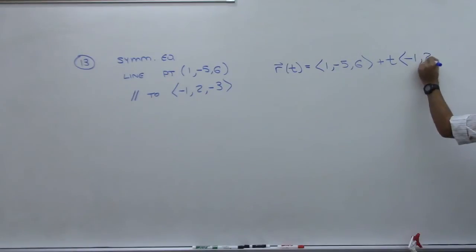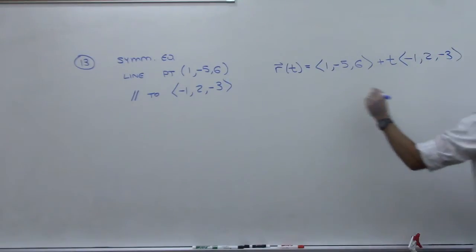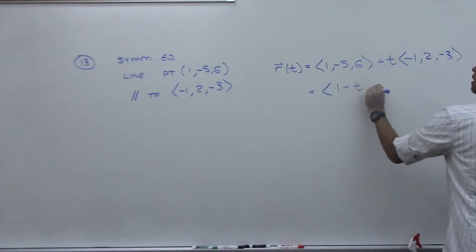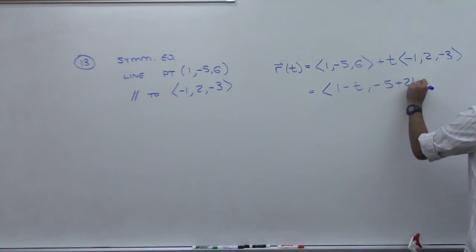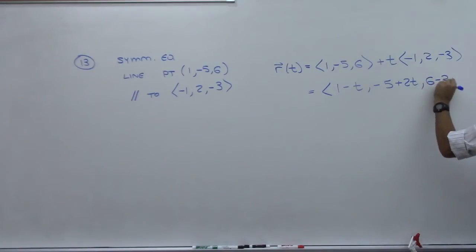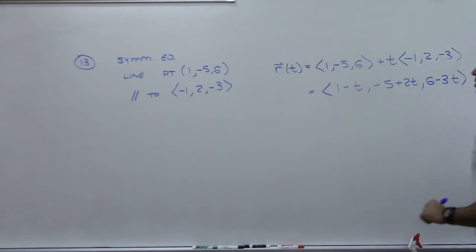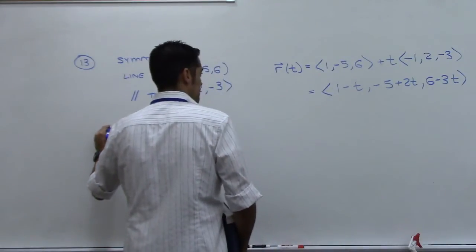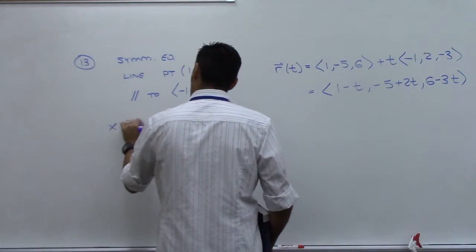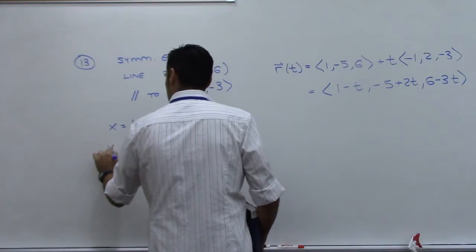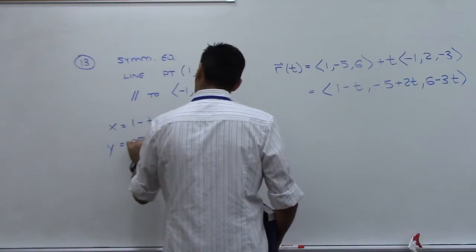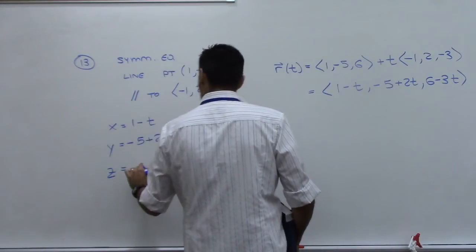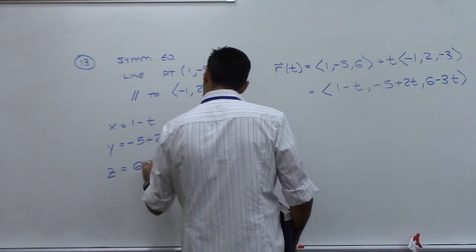So that's 1 minus t, -5 plus 2t, and 6 minus 3t. So that's the vector equation. We want the symmetric equation, so we have to now go to the parametric equations. x is 1 minus t, y is -5 plus 2t, and z is 6 minus 3t.